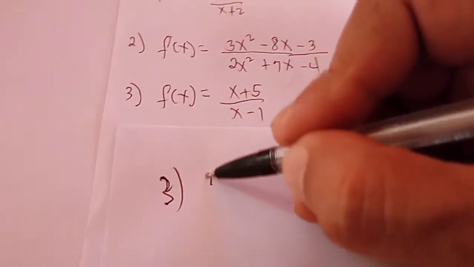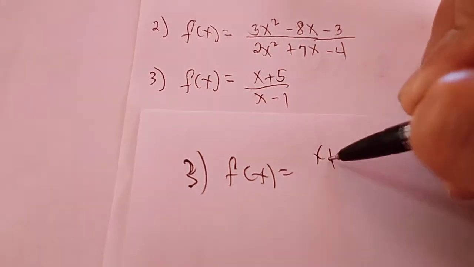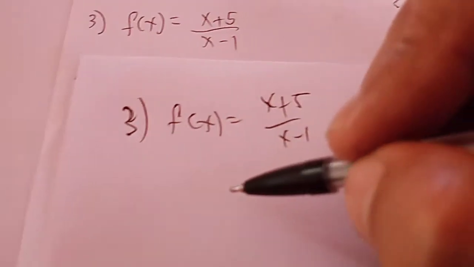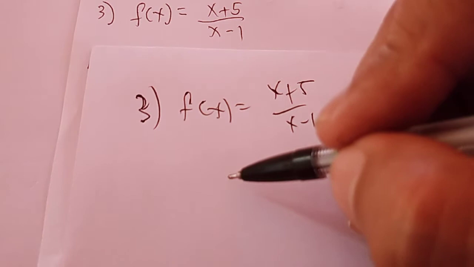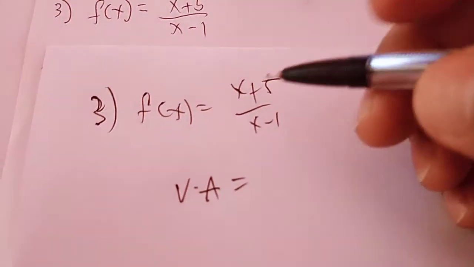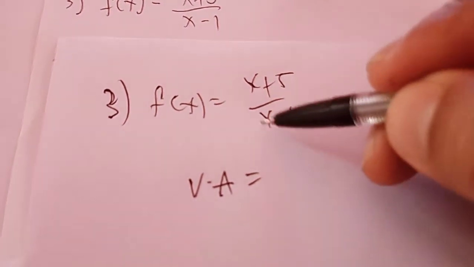Next. Number 3. Let us rewrite f of x equals x plus 5 over x minus 1. What makes it undefined, the vertical asymptote, comes from the denominator: x minus 1, so x is positive 1.